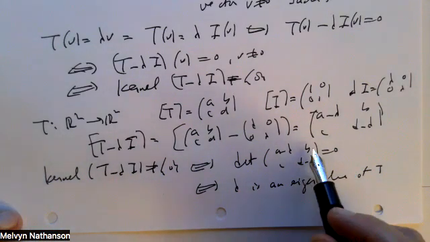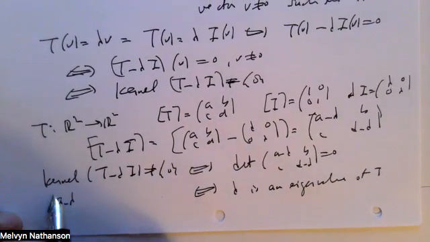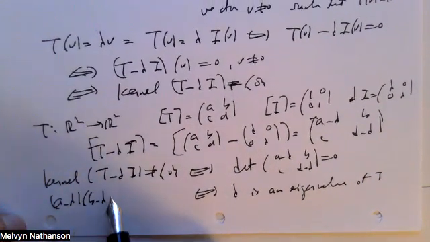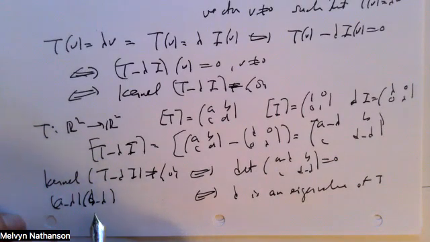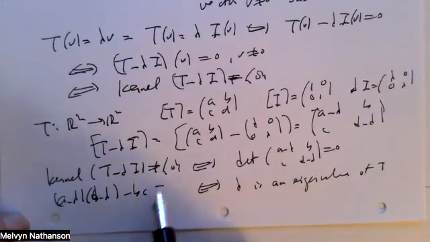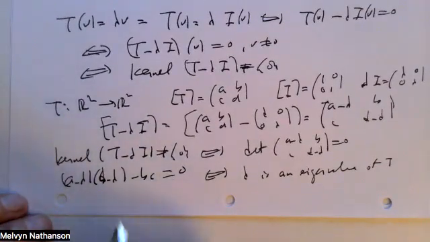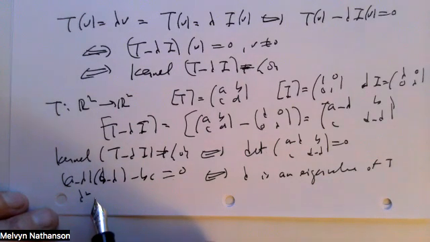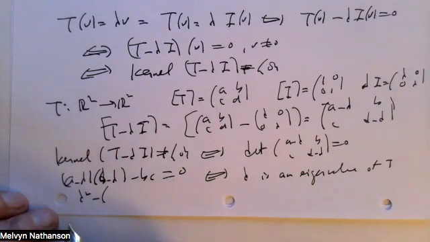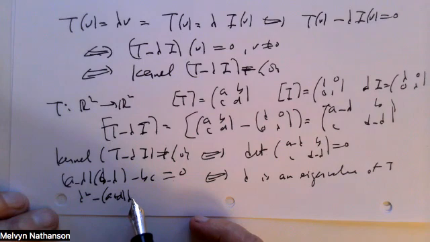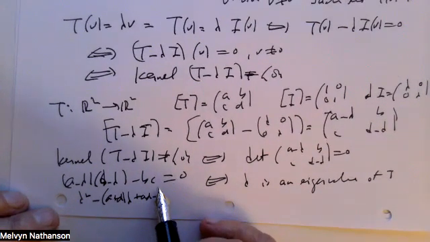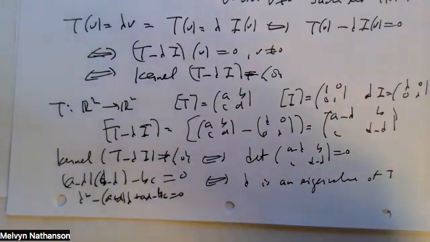Of course, what is this determinant? The determinant is this times this minus this. This is A minus lambda times D minus lambda, minus BC, equal to 0, if and only if lambda is a root of this equation. If I write this out, this is lambda squared minus A plus D lambda plus AD minus BC equals 0.